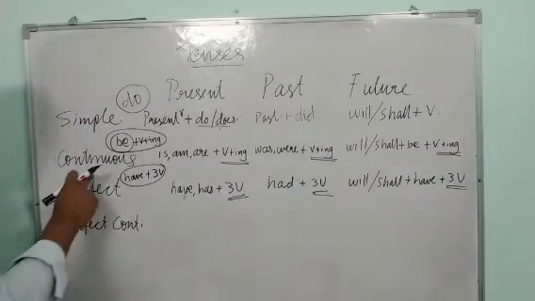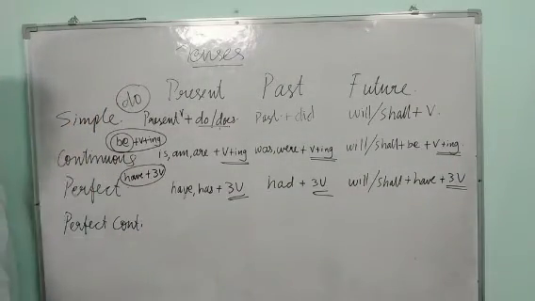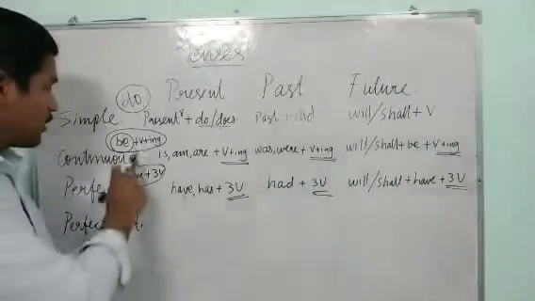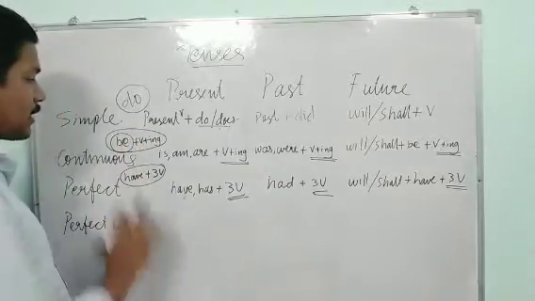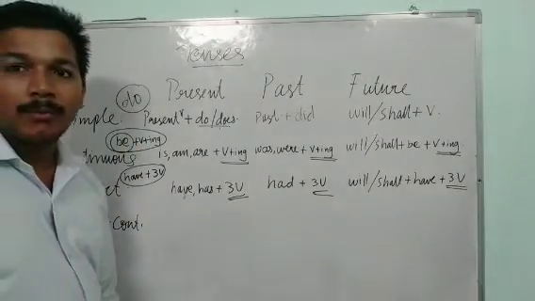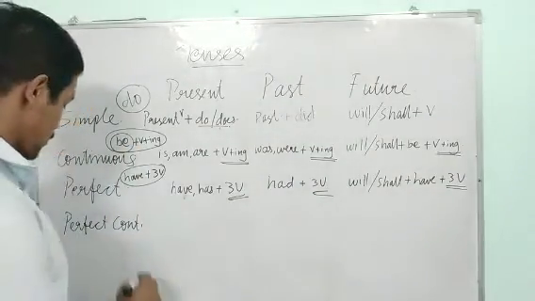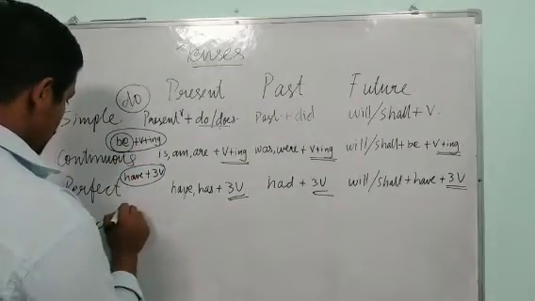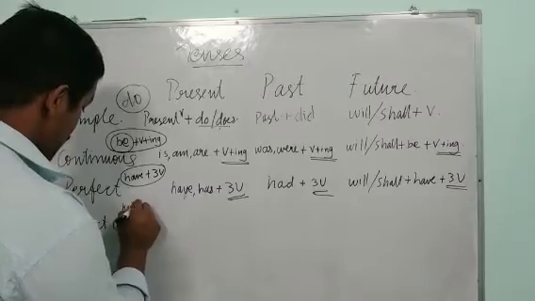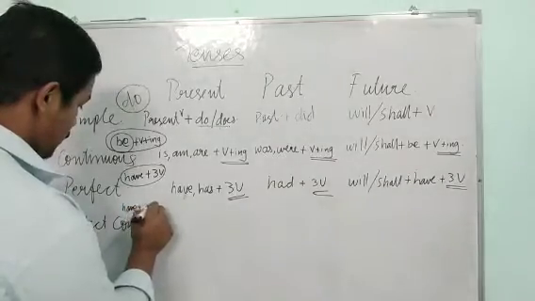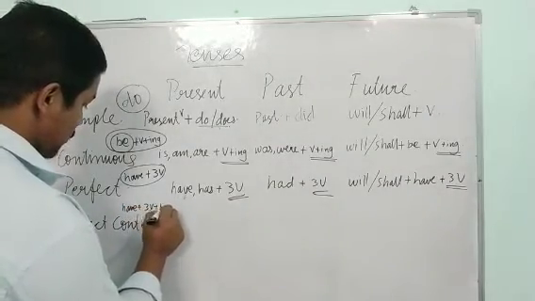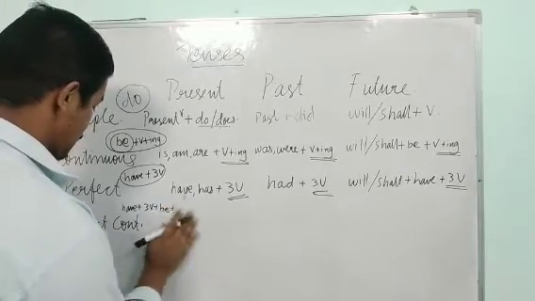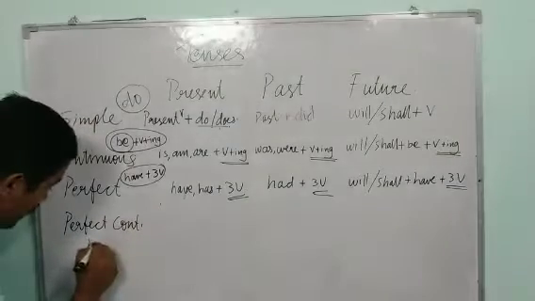And perfect continuous means these two will be there. There will be a have form verb, there will be a be form verb, and the third form of the verb plus ing will also be there. So we can say have form verb plus the third form of the verb plus be form verb plus verb plus ing. Okay.